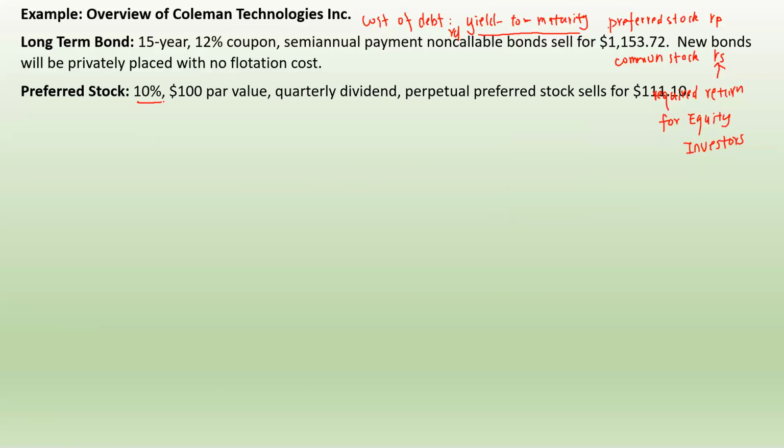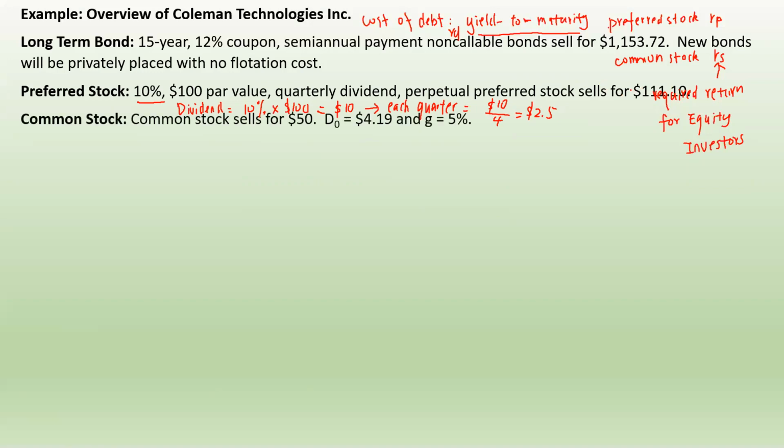This 10% means the preferred stock dividend equals 10% times the face value of $100, which is $10. And it's a quarterly dividend. So each quarter, the dividend is $10 divided by 4, so it's $2.50. And the price of the preferred stock is $111.1.